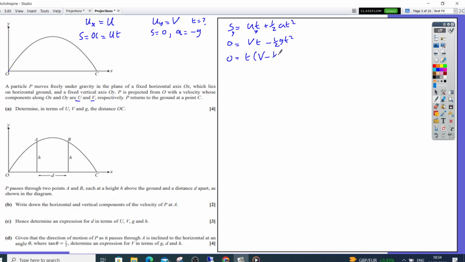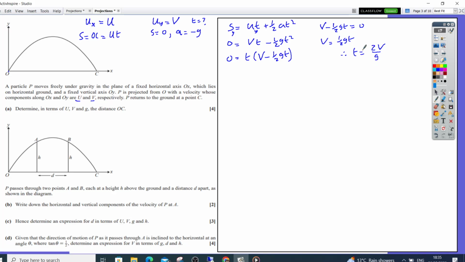We need to find the second time, when it hits the ground. Rearranging, V minus half GT equals 0. Take that to the other side: V is equal to half GT, and therefore T equals, if we times that by 2 and divide by G, 2V over G.